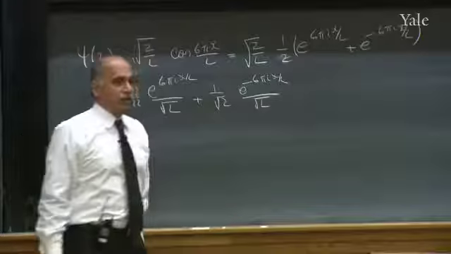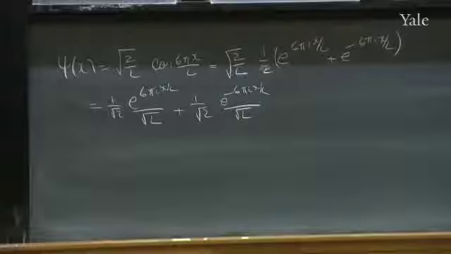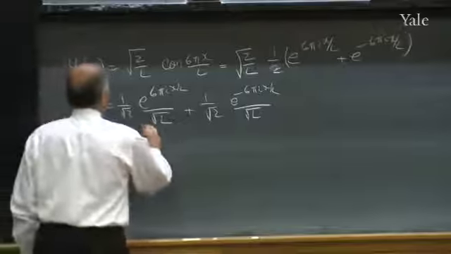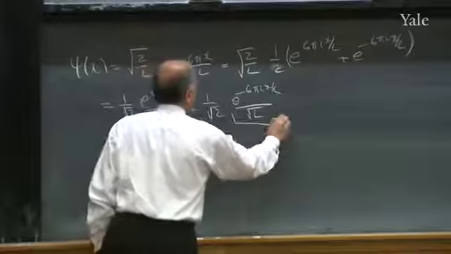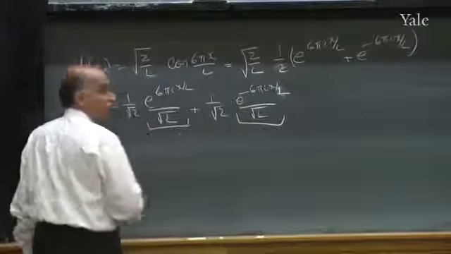In other words, what I've done is, rather than do any integrals, I just massage the given function and managed to write it as a sum over normalized functions associated with definite momentum with some coefficients.